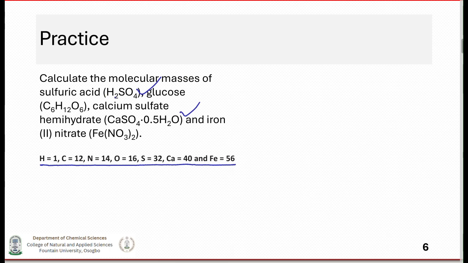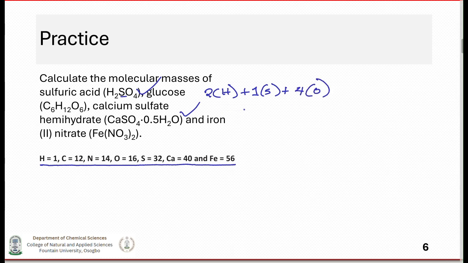So we have 2 atoms of hydrogen, we add it to 1 atom of sulfur. I'm talking about sulfuric acid. So 1 sulfur atom plus how many atoms of oxygen? We have 4 oxygen atoms.